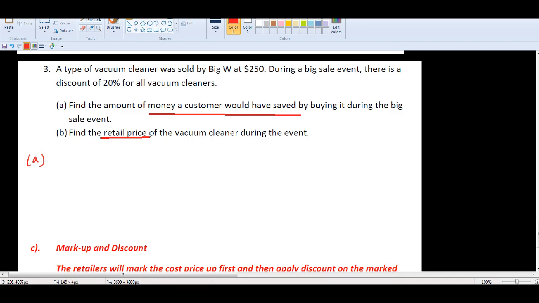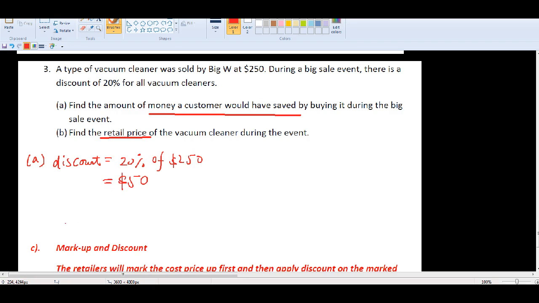Okay, so let's see part A. We're going to find the discount, which is 20% of $250, which will be $50, right?